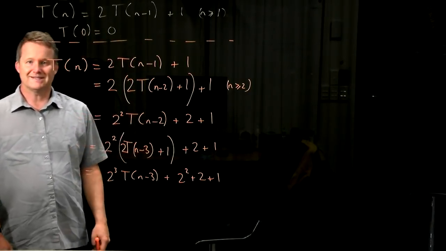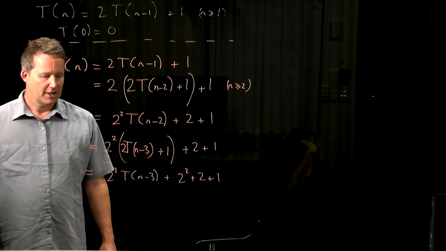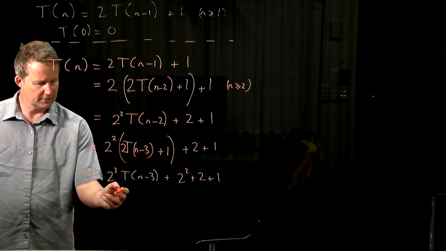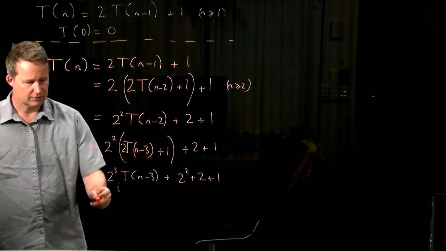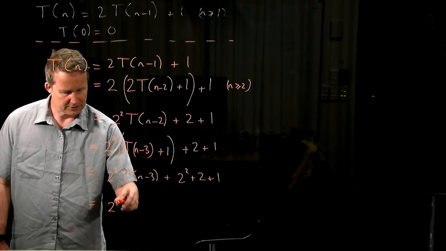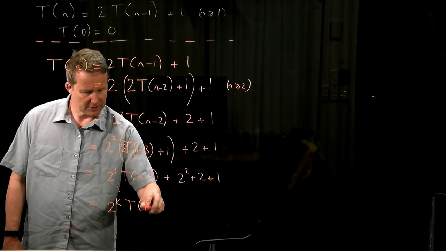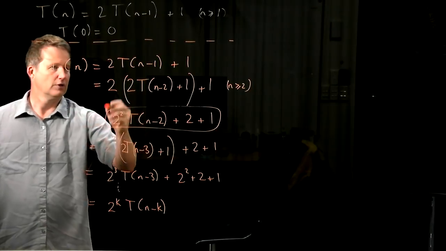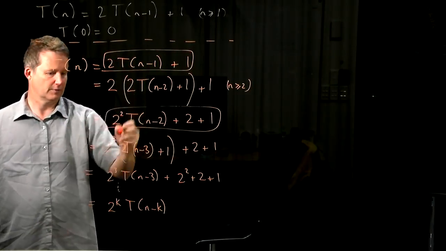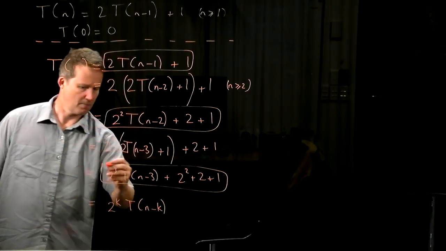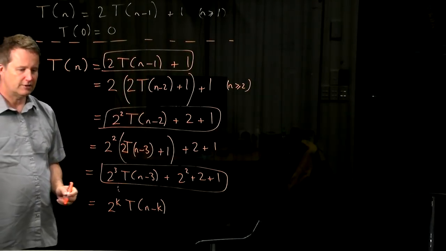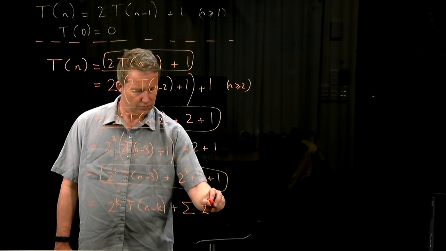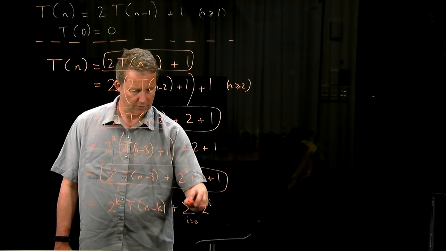And I think you can see here that we're going to have a formula we can guess. If I keep doing this, say k times, what I'm guessing is it's going to be 2 to the k times t of n minus k. If you look at the last few, you'll see this pattern coming up: 2 to the k times t at n minus k plus some sum of powers of 2, 2 to the i, i equals 0 to k minus 1.